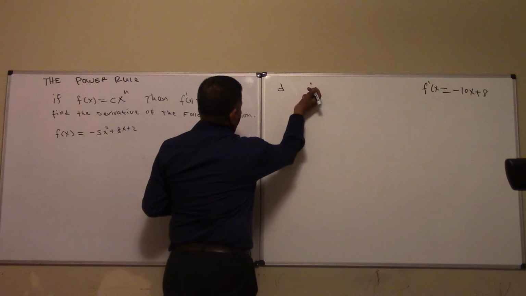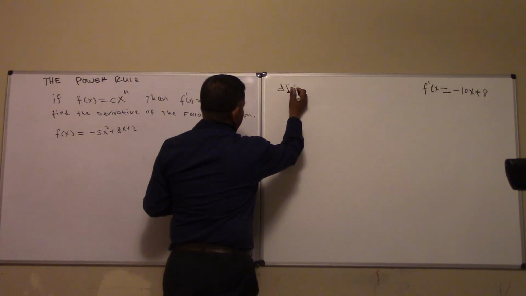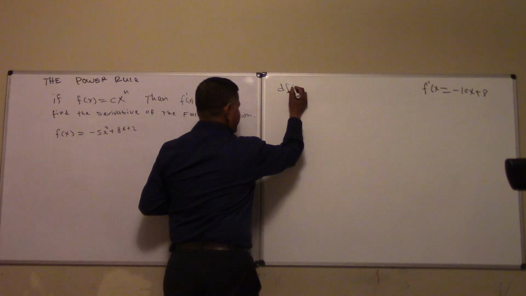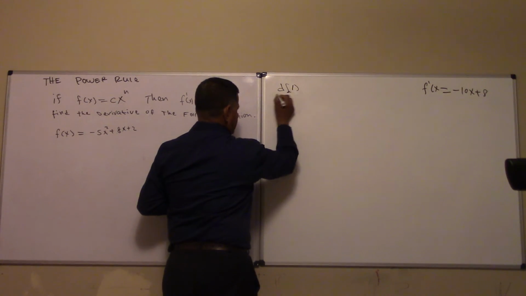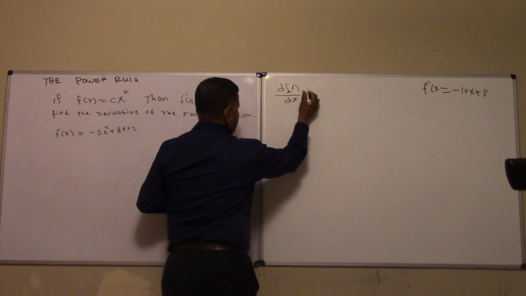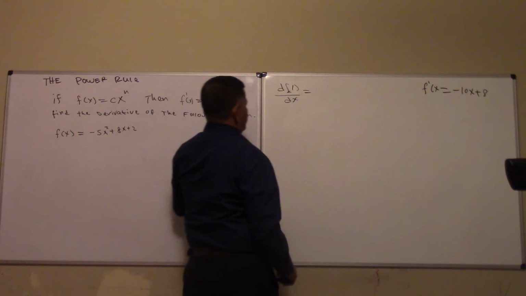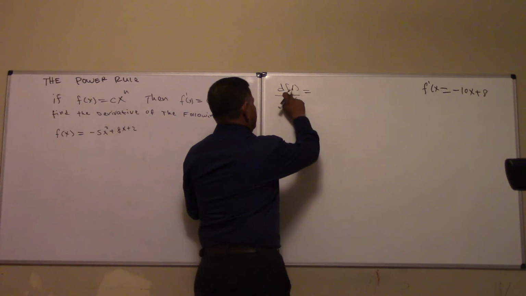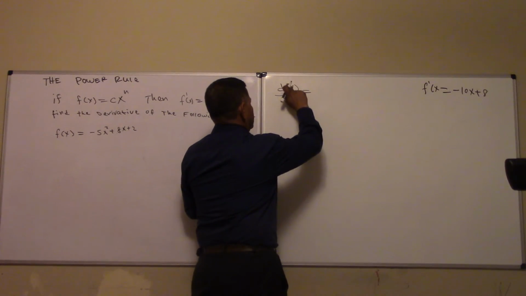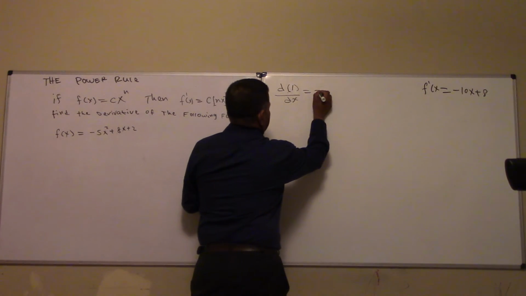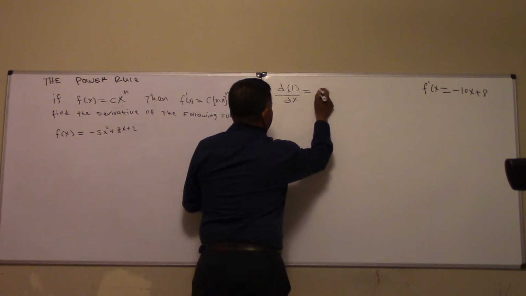So the derivative d of 0 or d of 1 or whatever with respect to x is what? Whatever, right? So the derivative of any constant is 0.